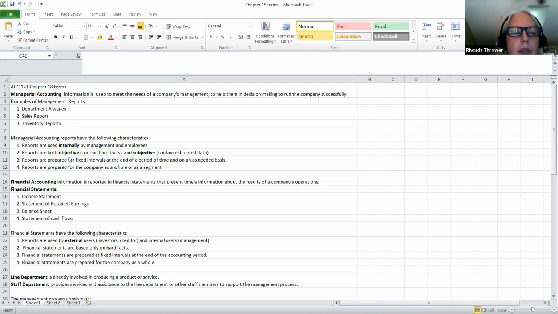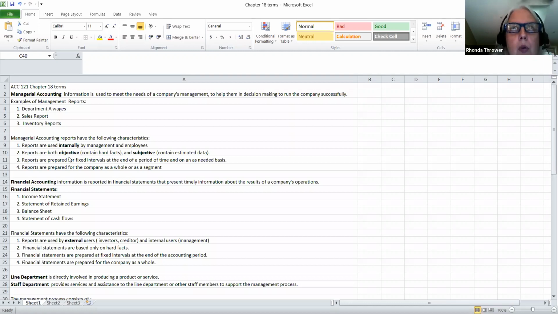So in managerial accounting, we're going to be looking somewhat at financial statements so that management can make good decisions about the company based on financial statements. Financial statements have to be objective. They have to be based on reliable evidence, things that have actually happened to the company, and they're based on hard facts. But managerial reports can also be reports that contain subjective information.